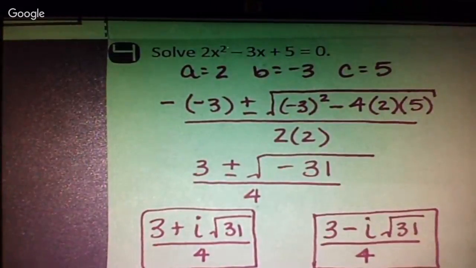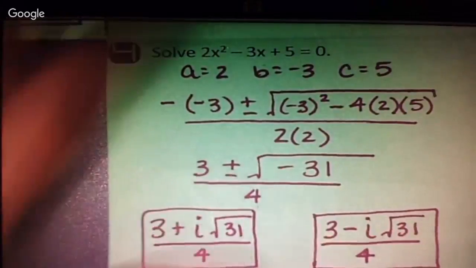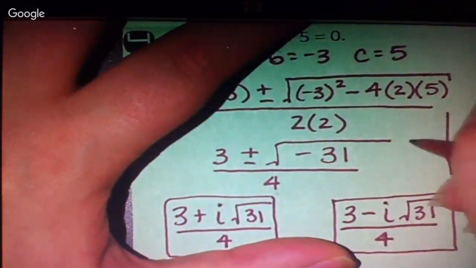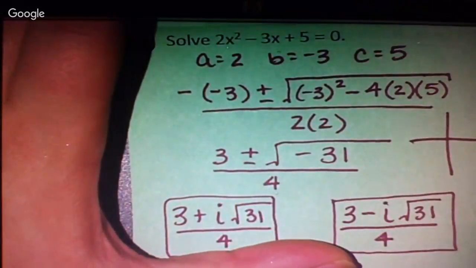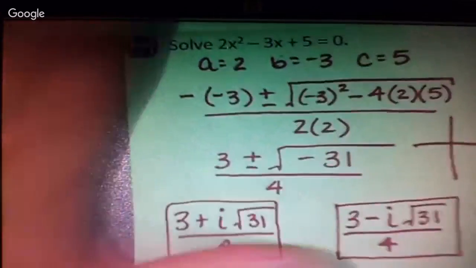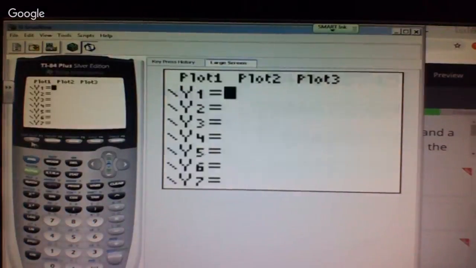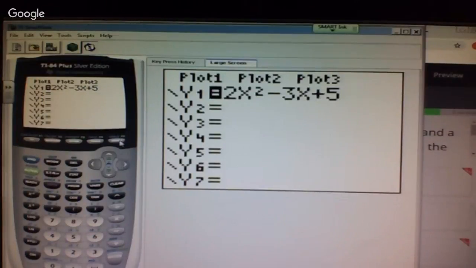Right. We glue this on page 55. So your graph for this one, I don't remember what side it's on. Let me graph it on your calculator real fast. So 2x squared minus 3x plus 5.